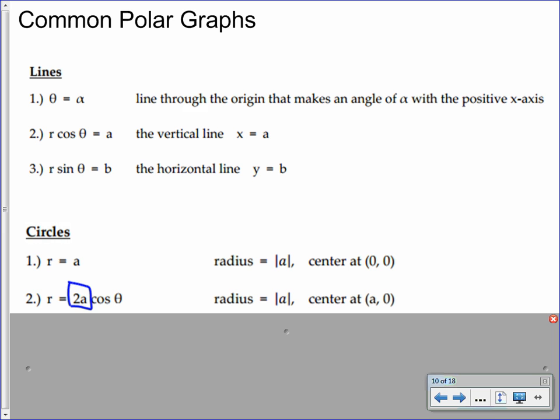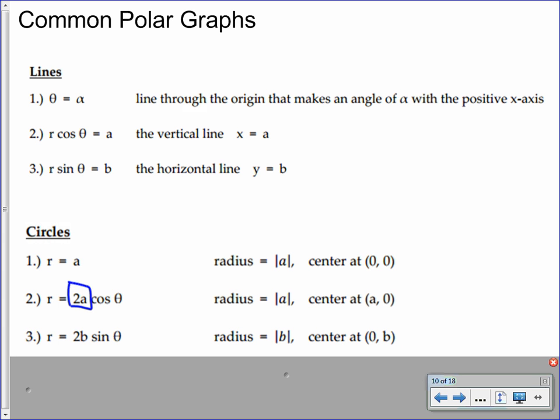It goes to the left if it's negative, to the right if it's positive. Along those same lines, for a circle above or below the pole, if the coefficient in front of sine theta is positive, it's going to go above, negative, it's going to go below.